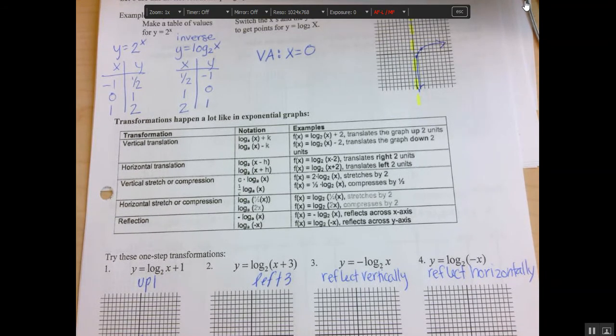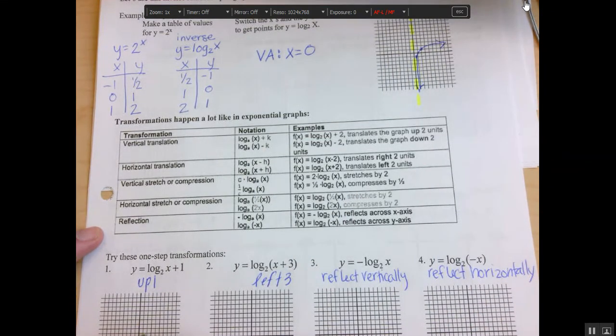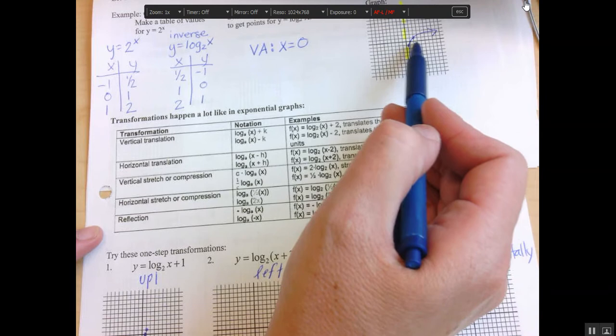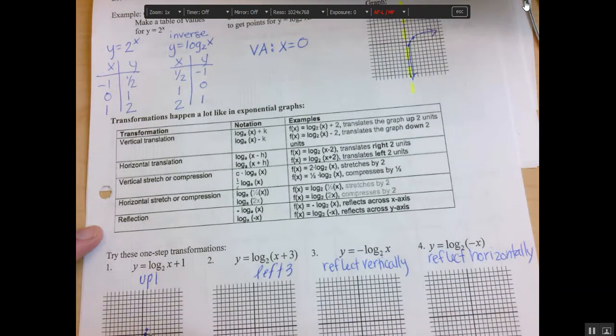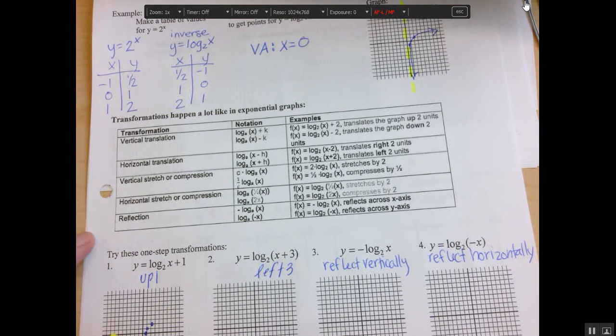And then the next one was at 1, 0, so it's going to go to 1, 1. And this one was at 2, 1, so it goes to 2, 2. What happened to my asymptote? Stay the same, yeah. When I shift that asymptote up 1, it looks exactly the same.